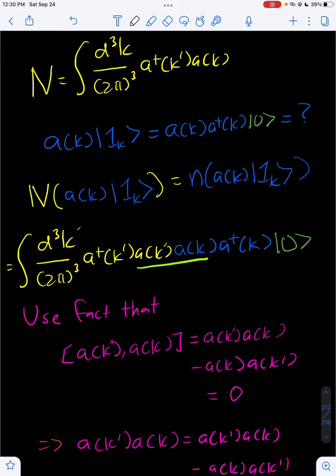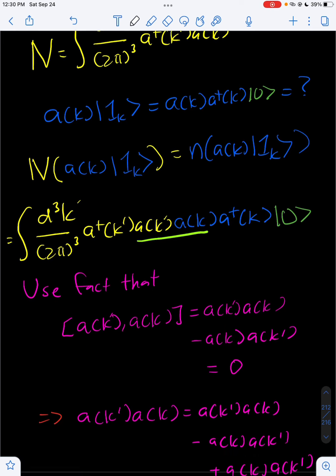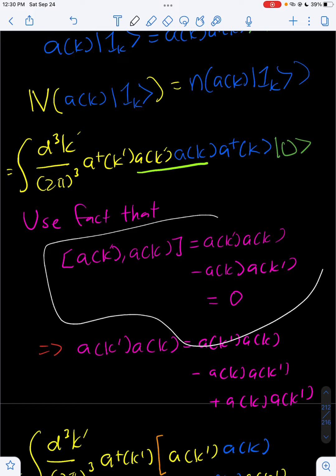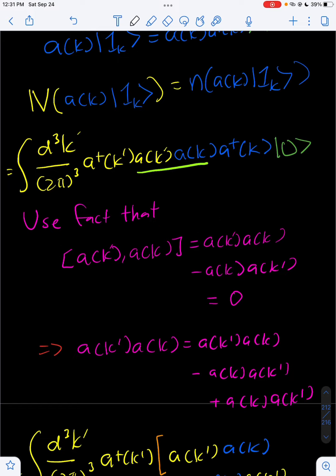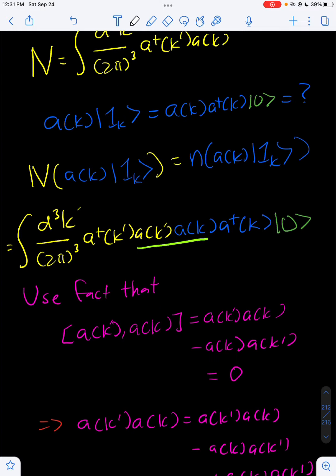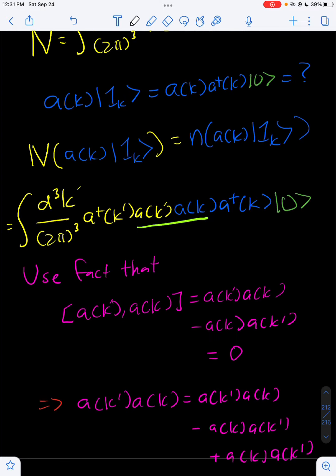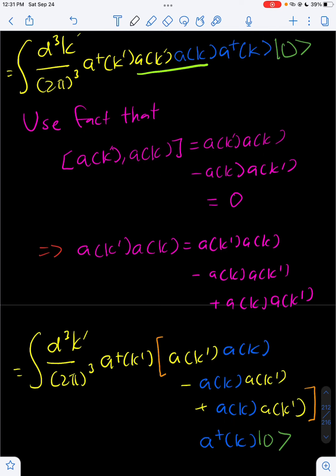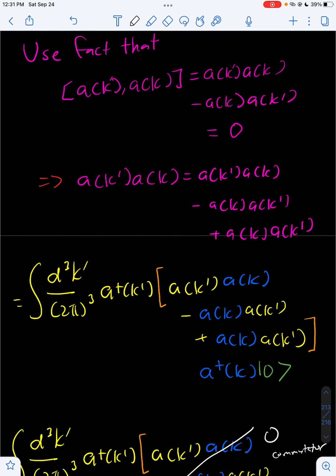So we just expand it out, right? We use the fact that we have this commutator. In this case, we have A of k prime times A of k instead of A of k prime times A conjugate k. So we can still use the exact same commutator as before. Well, not the exact same one, a bit of a different one, that's also in second quantization. Doing that, we can expand it like this over here.